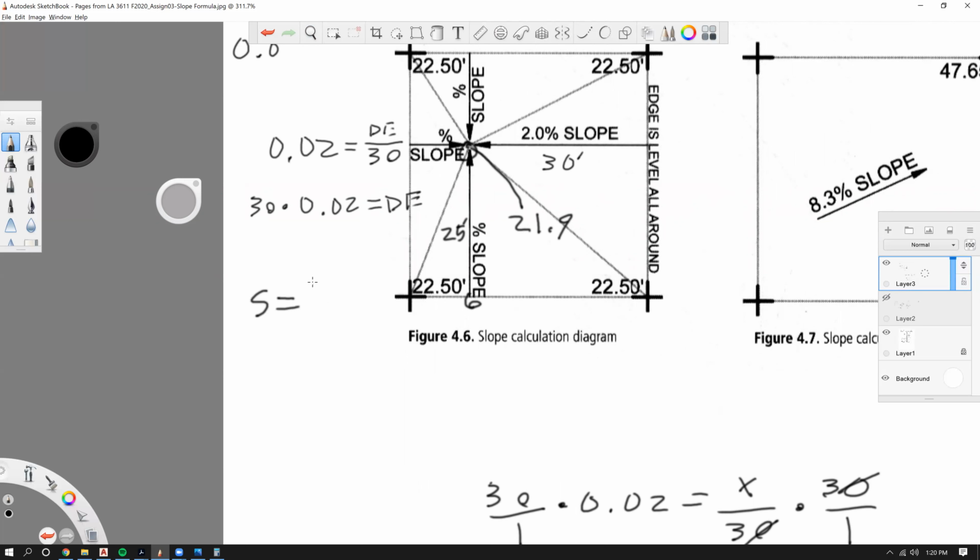So we have 0.6 as our difference in elevation, divided by 25 feet as our length. So let's plug that into our calculator. 0.6 divided by 25 is 0.024. So slope equals 0.024, which equals 2.4% for our slope.